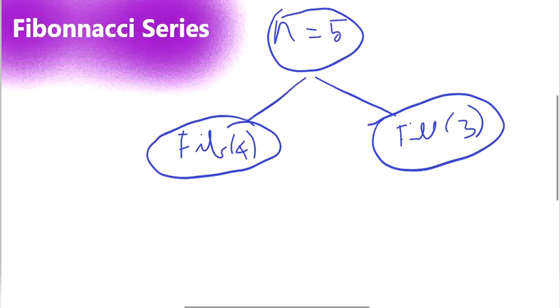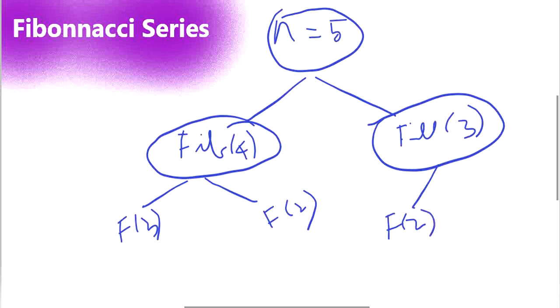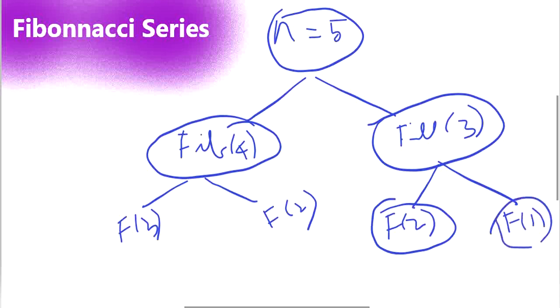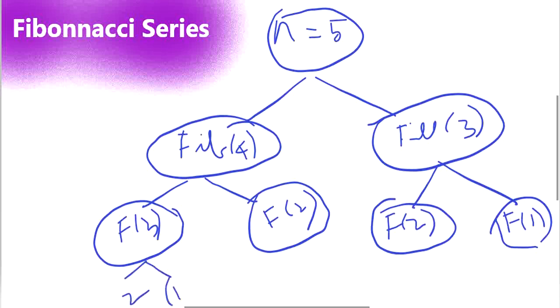When you call fib of 4, it is going to call fib of 3 and fib of 2, and further fib of 3 is going to call fib of 2 and fib of 1. Similarly, fib of 3 is going to call 2 and 1 again, and then fib of 2 is going to call 1 and 0, and further these are going to call and return the value.